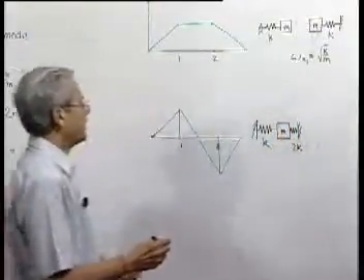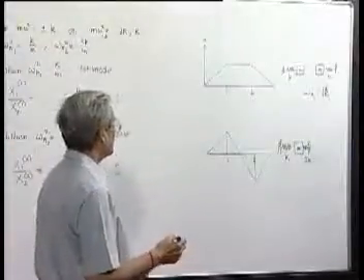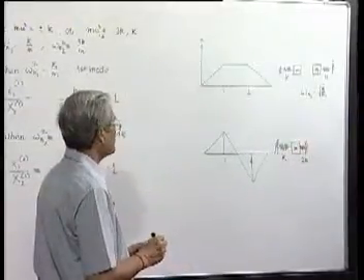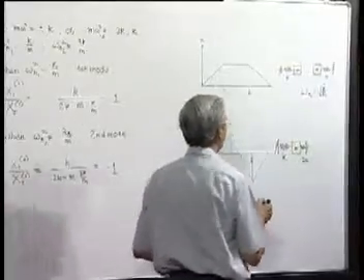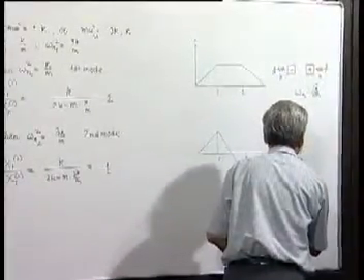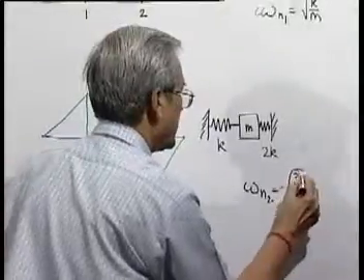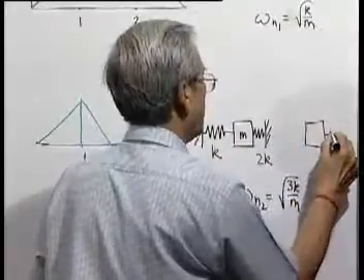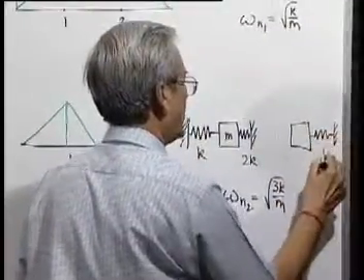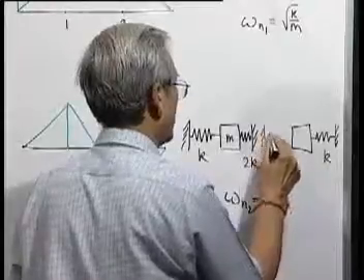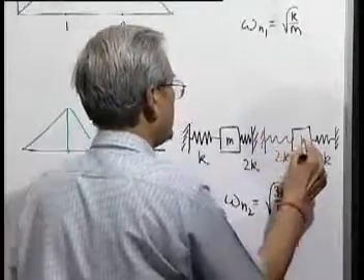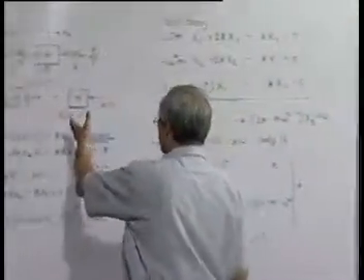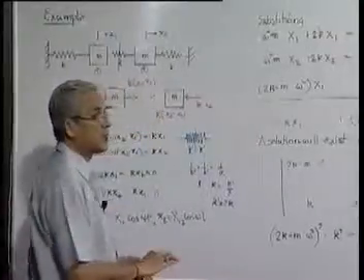So this system is now equivalent to this, that means total resultant stiffness which the mass has to overcome to move is 3k, and therefore, omega n2 is going to be the natural frequency of this system.